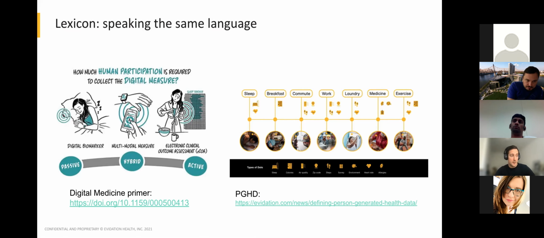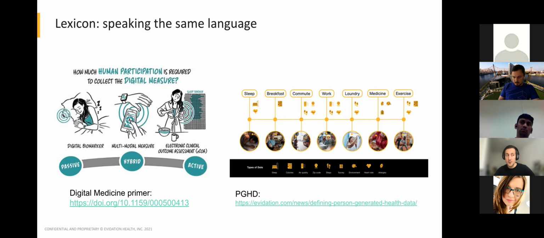We also talked a bit about PGHD. So this is person-generated health data. This is an umbrella term that is becoming increasingly used in the field, and it refers to all the data that comes out of a patient's everyday life. So this is objective data from wearables, environmental data, contextual data, and importantly also self-reports.